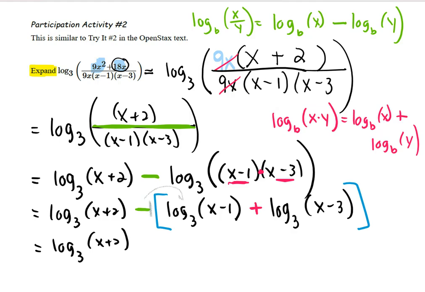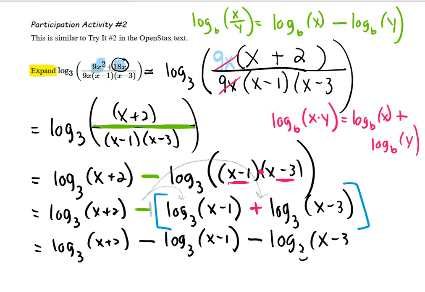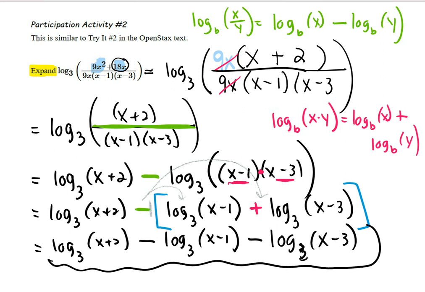And when you distribute a minus to this log, you end up with a minus log base 3 of an x minus 1. When you distribute this minus to the plus log, that changes to a minus log base 3 of x minus 3. Now there are no exponents in this anywhere, so this is actually my answer.